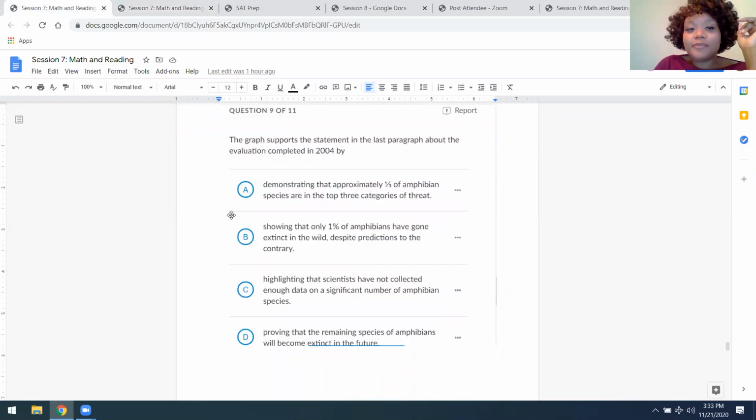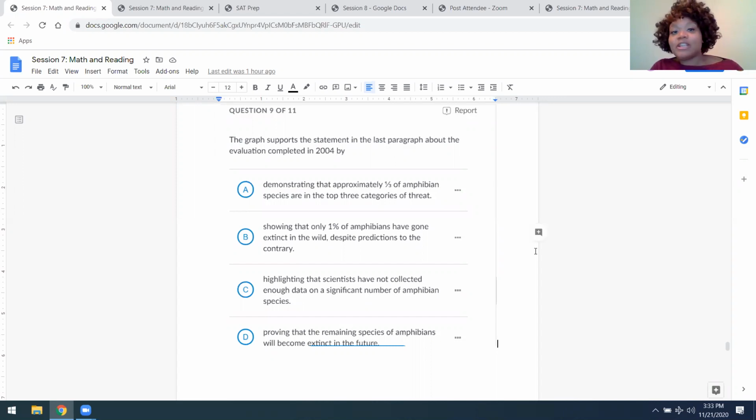So that kind of touches on what I was speaking about, going into the answer choices, looking at them with the goal of eliminating the incorrect ones. So answer choice B, the first half of that is right. We saw that 1% of amphibians have gone extinct. That's correct based on the graph.